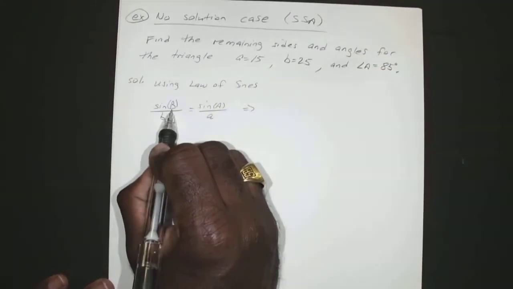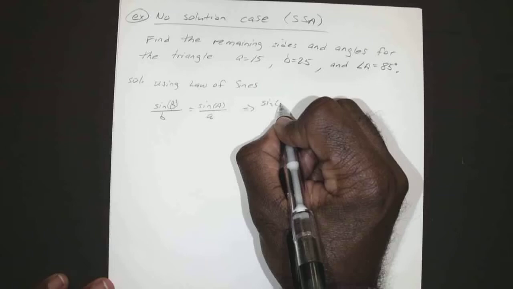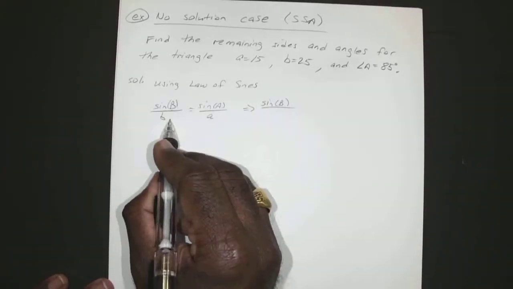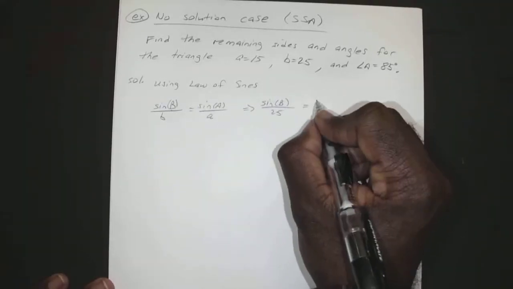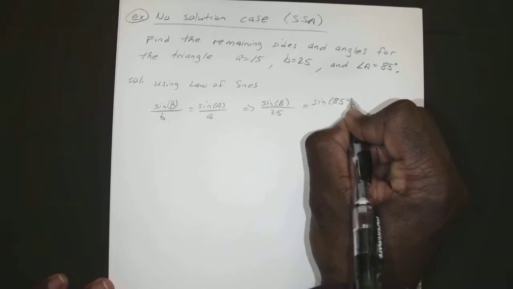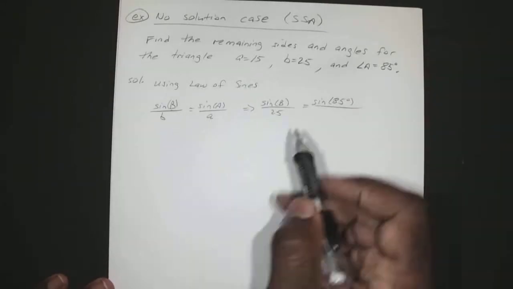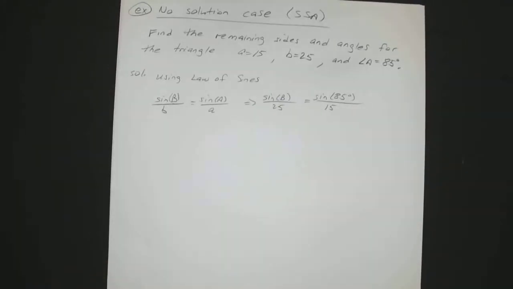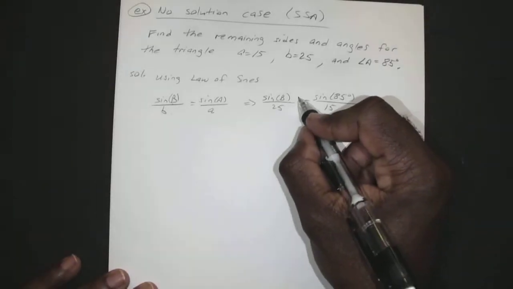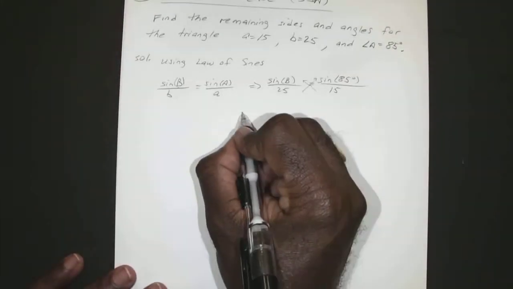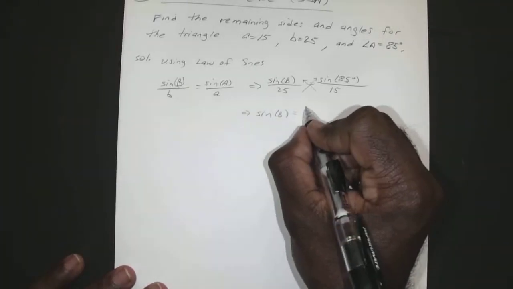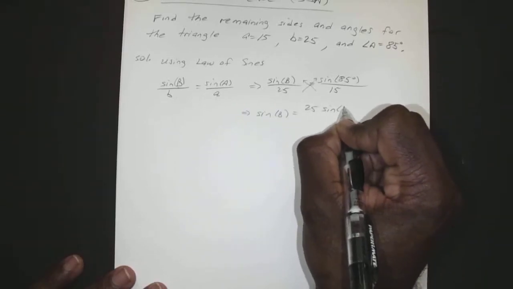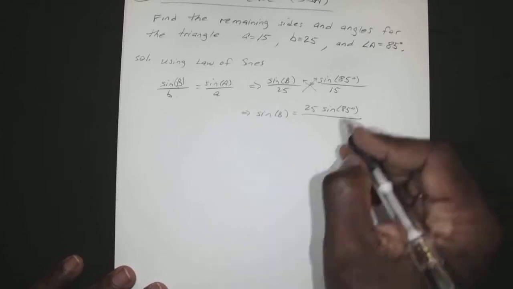That's sine of B, which is unknown, over side b, which is 25, is equal to sine of A, so that's sine of 85 degrees, over side a, which is 15. So we go ahead and do our cross multiplication. So we have sine of B is equal to 25 times sine of 85 degrees divided by 15.